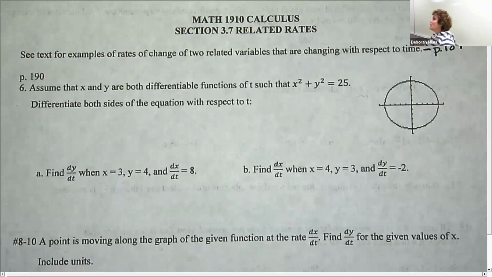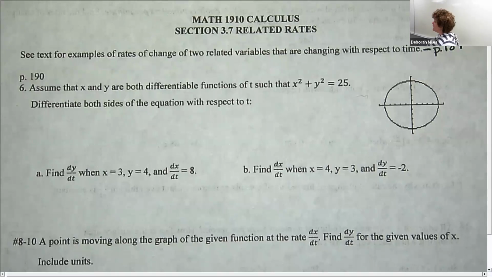So far, everything we've differentiated has been with respect to x, or whatever the independent variable is. And we really didn't know what that x stood for because we haven't done very many word problems.